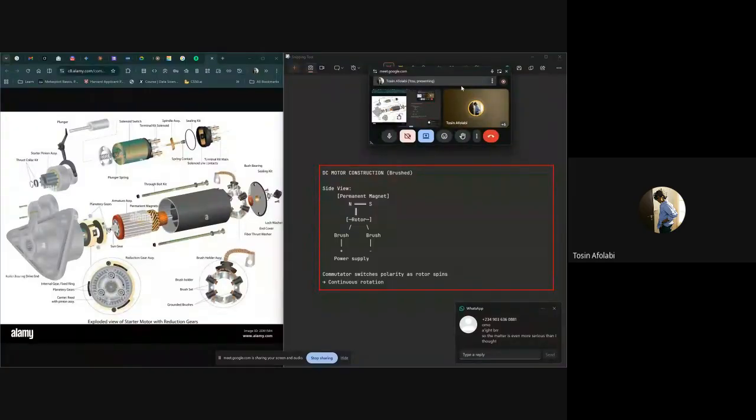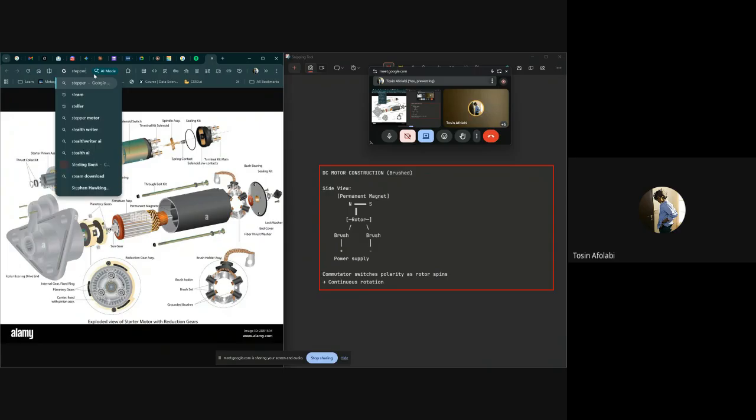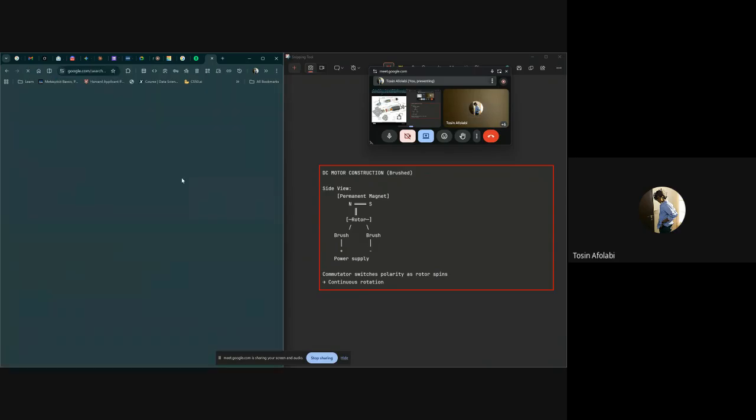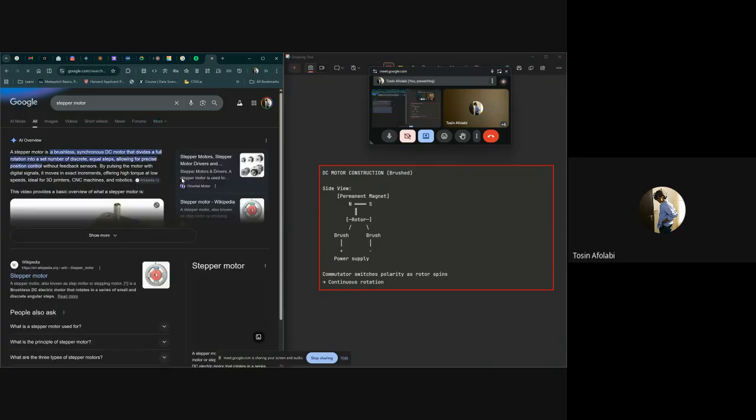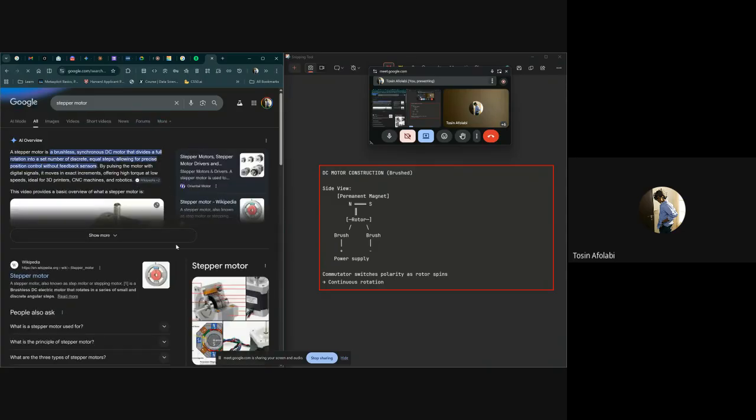I should look for a picture of a stepper motor. It's not going to feel like I just showed you a proper diagram.